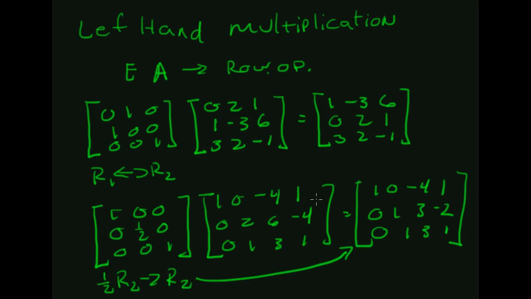Okay, so a couple of things here. All elementary matrices are invertible. And in fact, the inverse of an elementary matrix is an elementary matrix. It basically undoes the row operation. The next piece in this is that if you have an invertible matrix, it can be written as a product of elementary matrices.